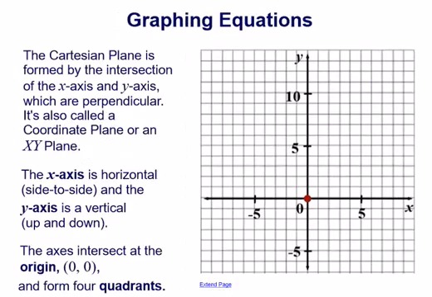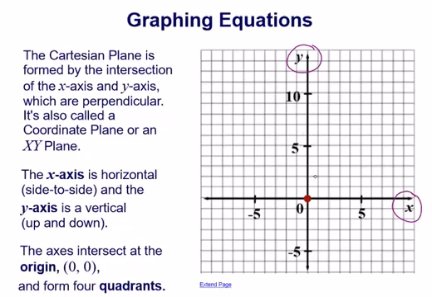The Cartesian plane is formed by the intersection of the x-axis and the y-axis, which are perpendicular to each other. It's also sometimes called the coordinate plane or the xy plane, but it's also the Cartesian plane. Now, the x-axis is horizontal, side to side, left and right motion, and the y-axis is vertical, which is an up and down motion.